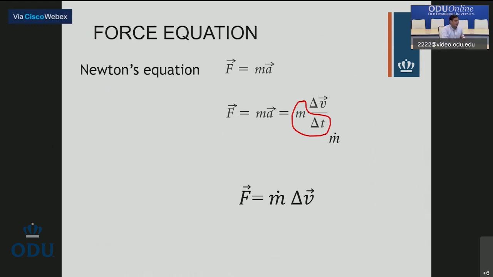I have another question from Rodrigo, Mexico City, asking how this concept appears in the Coanda effect. I don't know what the Coanda effect is. What is the Coanda effect? Interesting. Cool, I'm learning new things today. Thank you.